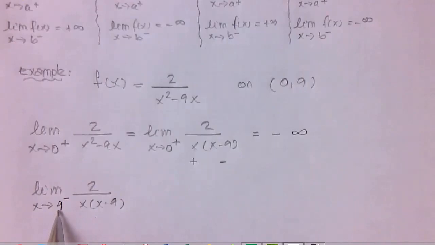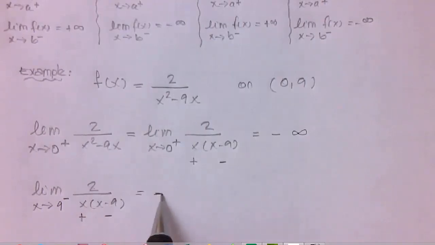It is approaching 9 from the left, so x is a positive number. If x is approaching 9 from the left, that means that x is less than 9. So x minus 9 is going to give me a negative number. So again, this is positive, positive, negative, so that's going to give me a negative number. And this whole thing is approaching 0, therefore the whole fraction is approaching infinity.